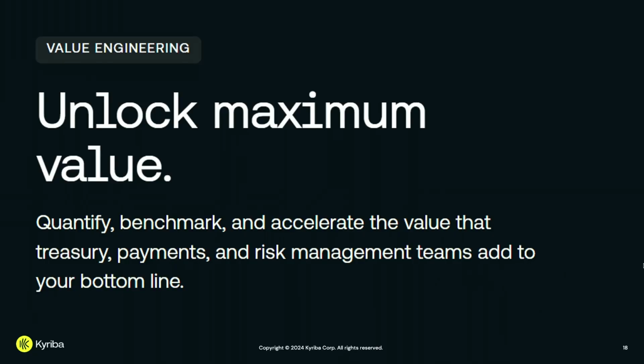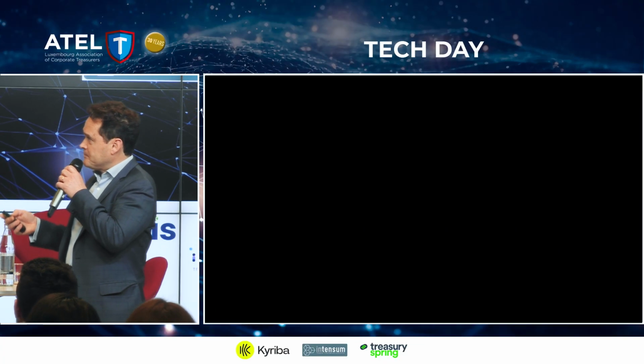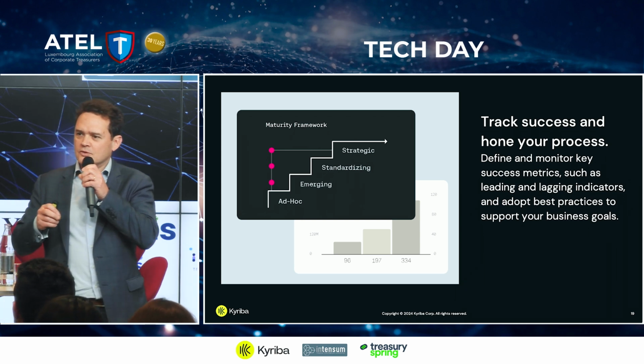And we want to unveil this value by doing some comparison, benchmark, and quantitative analysis, and to understand on each of the pillars, treasury, payment, risk management, working capital, what is the value that you could get from a project. And of course, this needs to be done very methodologically.